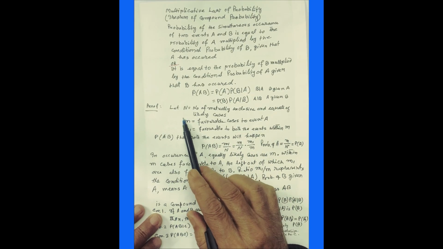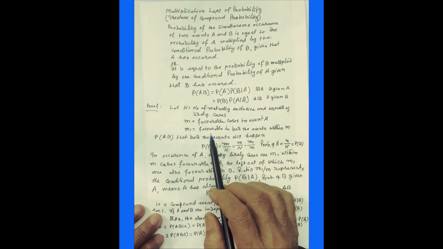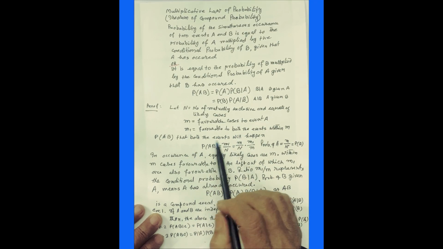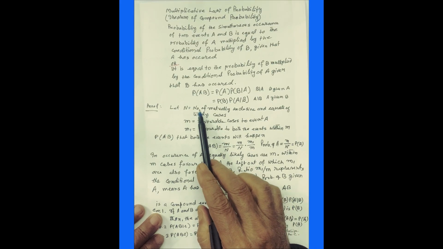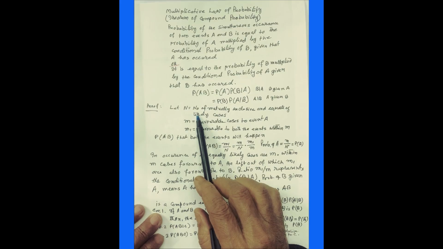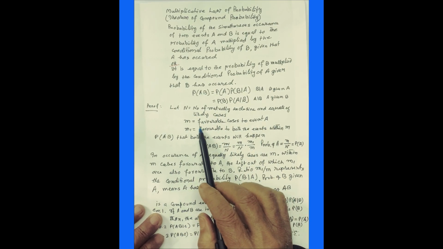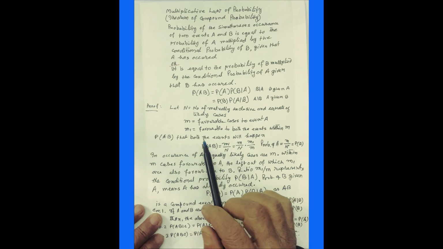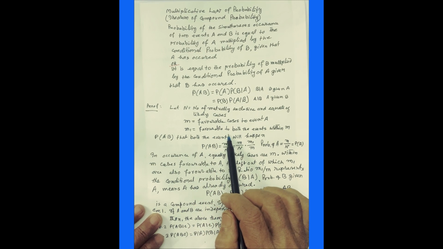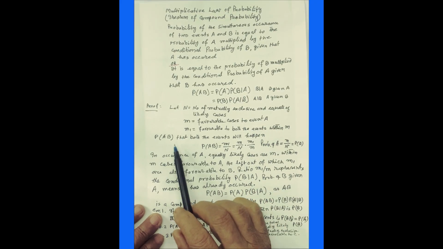So we must remember that there are n mutually exclusive and equally likely cases, m are favorable cases, and m1 are favorable to both the events within m.